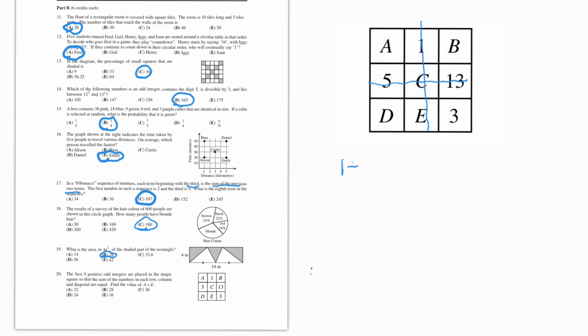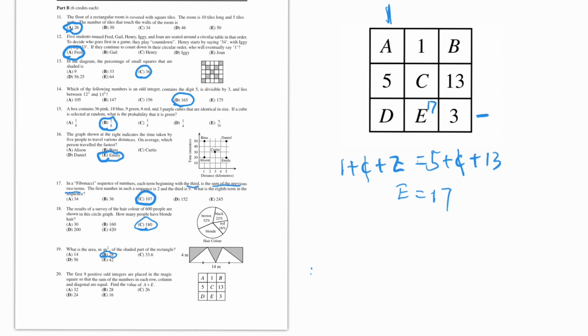So 1 plus C plus E equals 5 plus C plus 13. Both sides cancel C, E equals 17. So now I put the 17 here. That's E. And then now we do the first row and the last column.